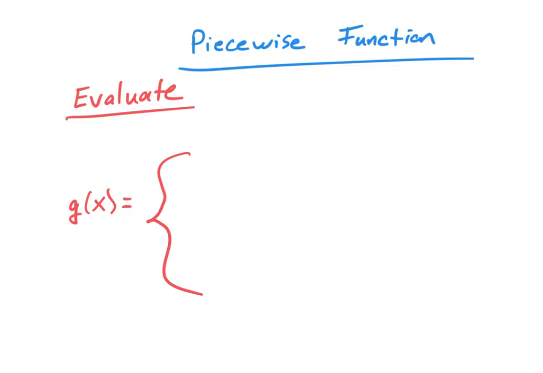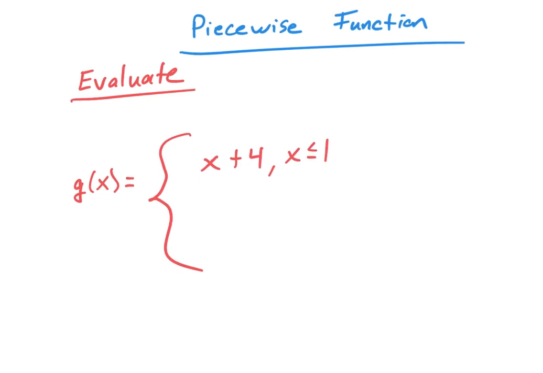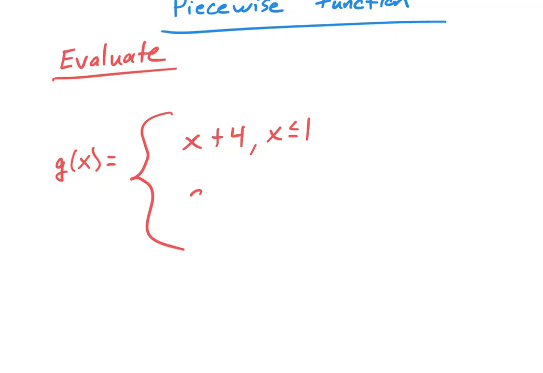You'll see some that have two functions here, and some that have maybe three different equations going on. In this one, I'm just going to start off giving you one that has two: x plus 4 when x is less than or equal to 1, and 8 minus x when x is greater than 1.